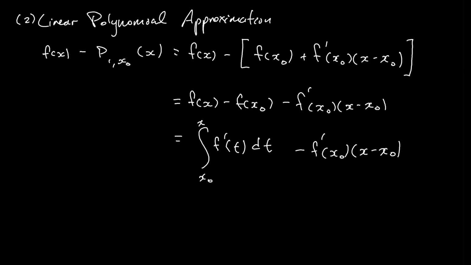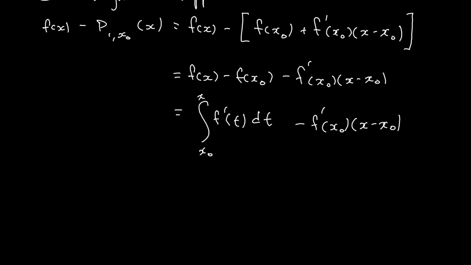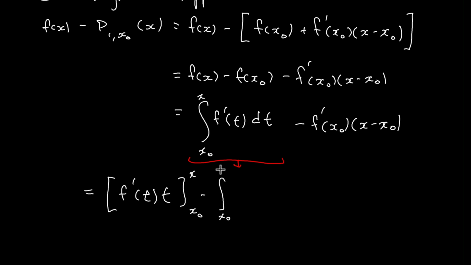So first, this might seem a bit counterintuitive, but we're going to take this part and apply integration by parts. So all of this is just going to equal, first, the integration by parts of this integral, which gives f prime of t times t from x0 to x minus the integral from x0 to x of t times f double prime of t dt, and then we still have to subtract this thing.